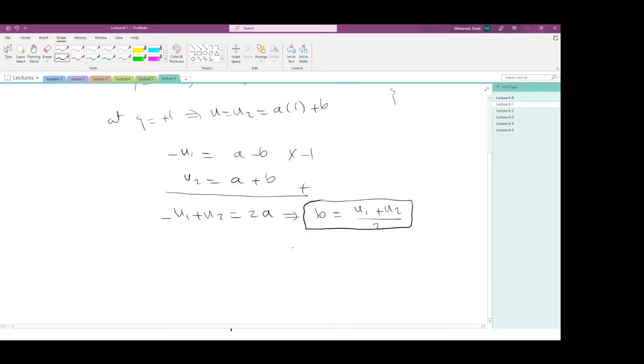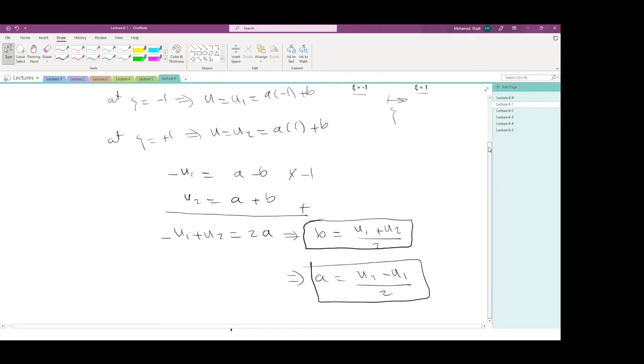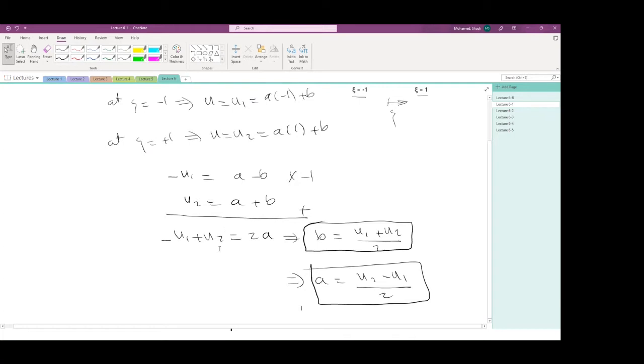So this will give me A to be minus U1 plus U2. So it is U2 minus U1 divided by 2 is the value of A. Now I'll just insert these back into the original equation, which is this one here.